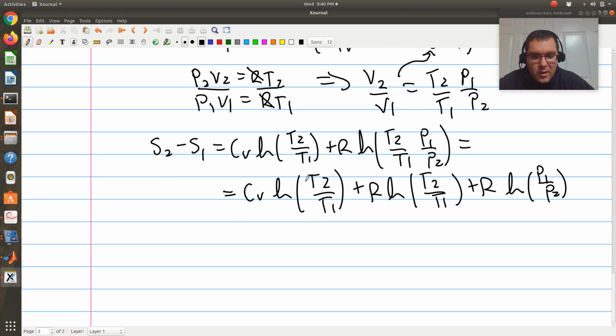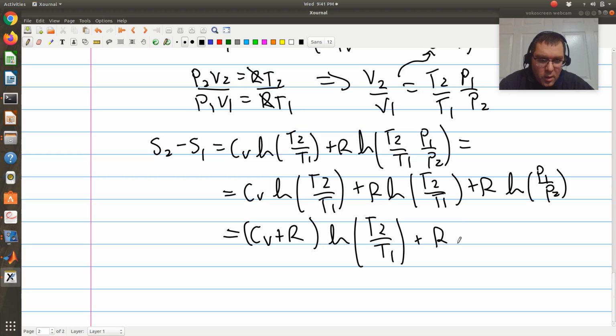Now collecting like terms, I get Cv plus R log T2 over T1 plus R log P1 over P2, where Cv plus R is just equal to Cp.